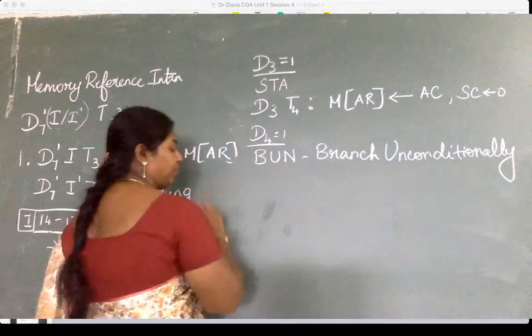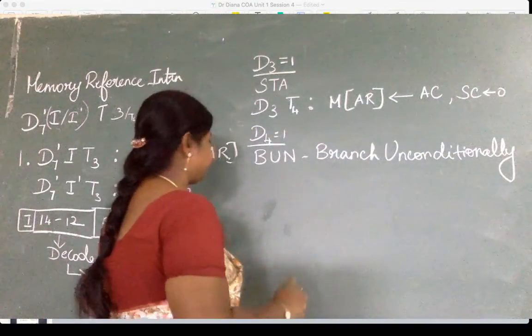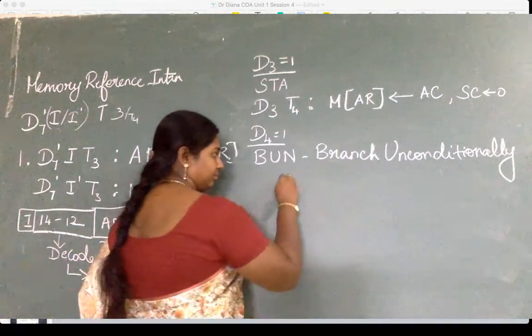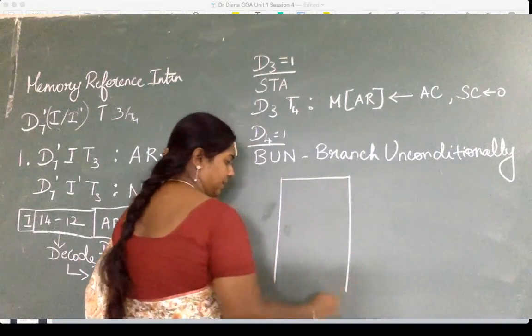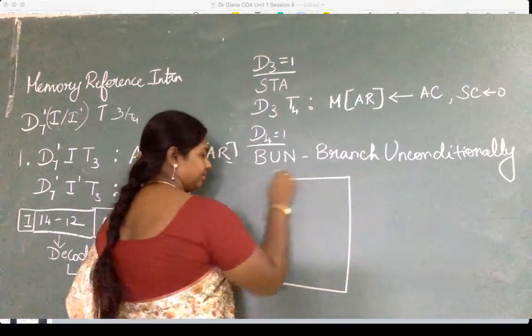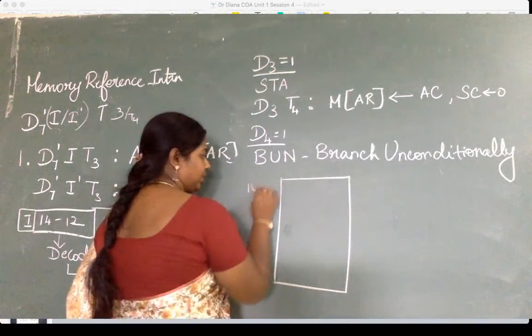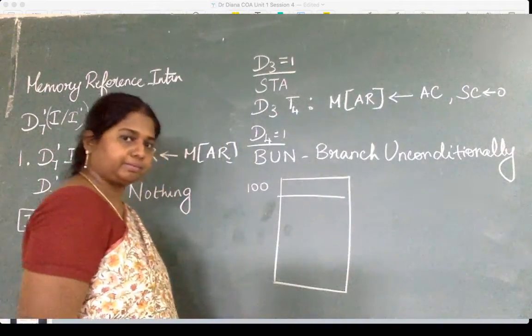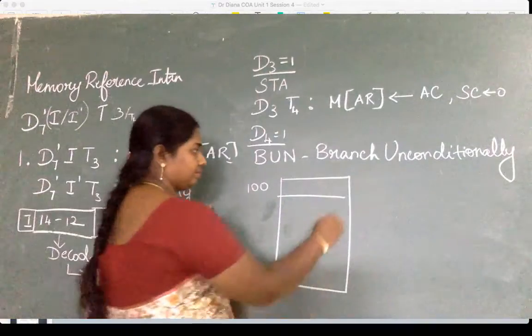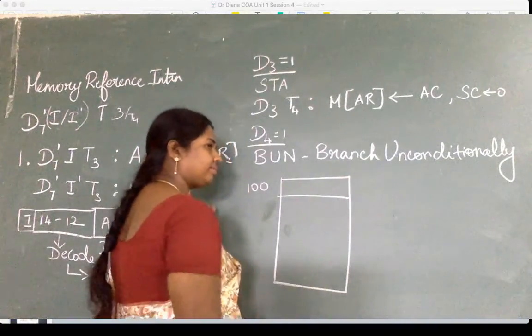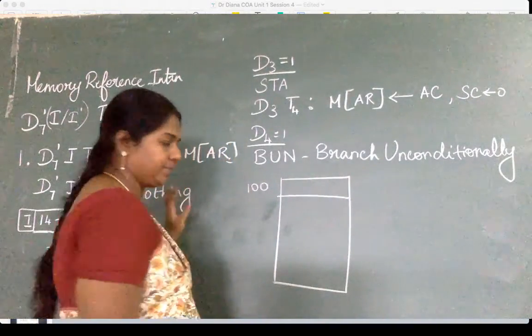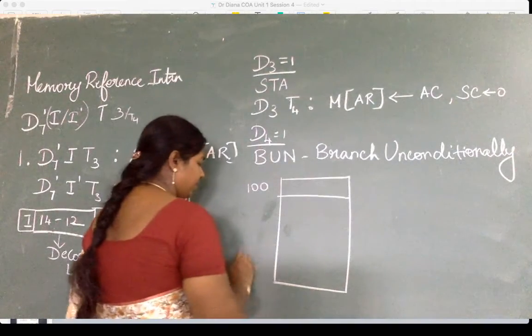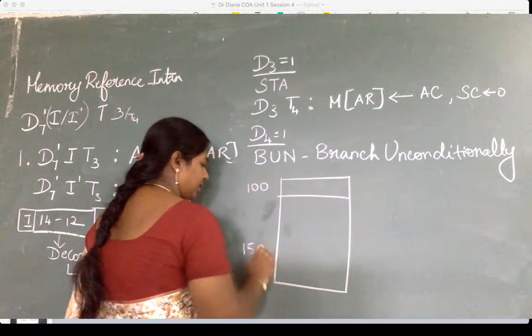How does a program normally execute? Imagine this is my memory, and at memory location 100 I have some instruction. And I have a subroutine which starts at 150.